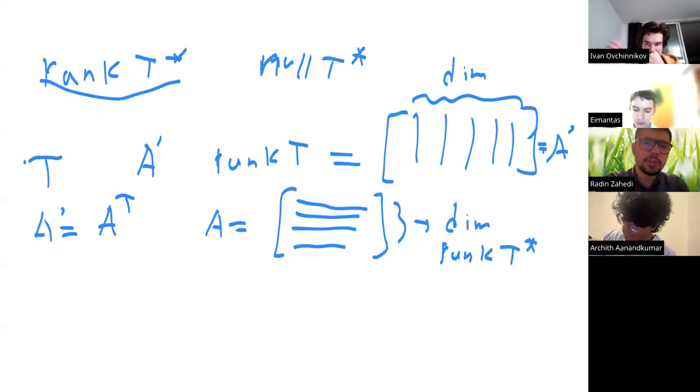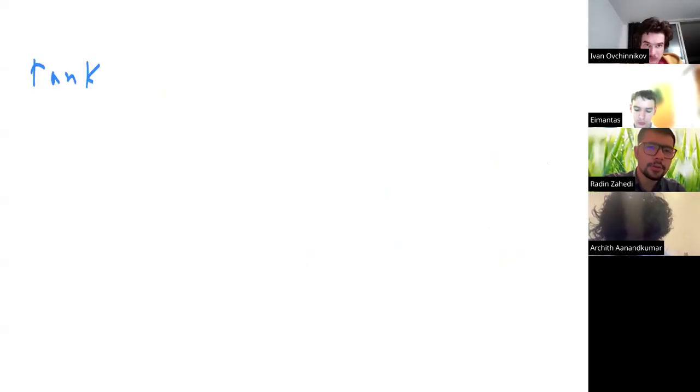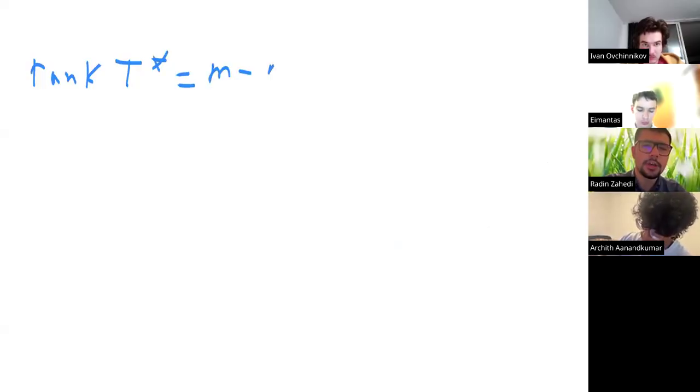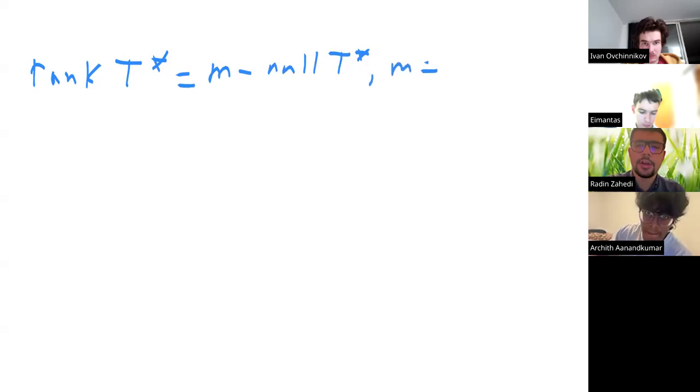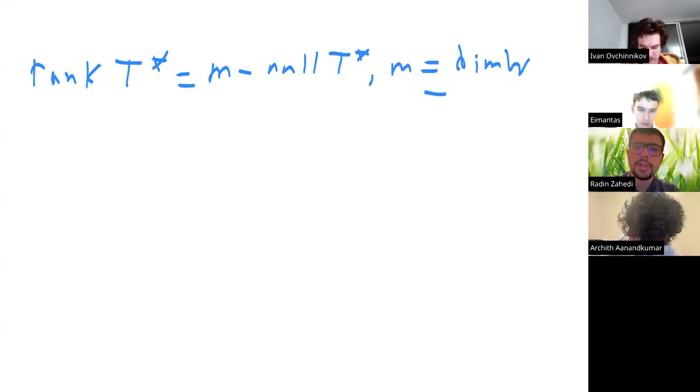Another method is to appeal to rank nullity, and we know that the rank of T star is M minus the nullity of T star, where M is the dimension of W, which is also the dimension of W star.